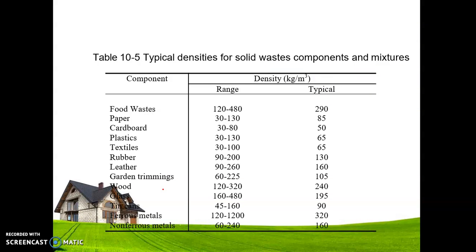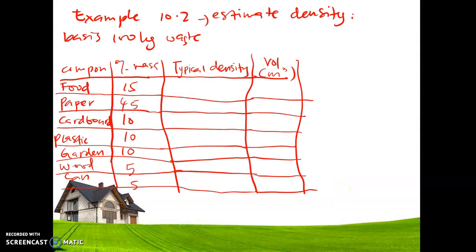So this is the typical density data for solid waste. You may refer to your textbook, table 10.5. These are the same components as what we discussed earlier, and the typical density is in this column. Let's have a look at example 10.2, which wants you to estimate the density of a solid waste sample.